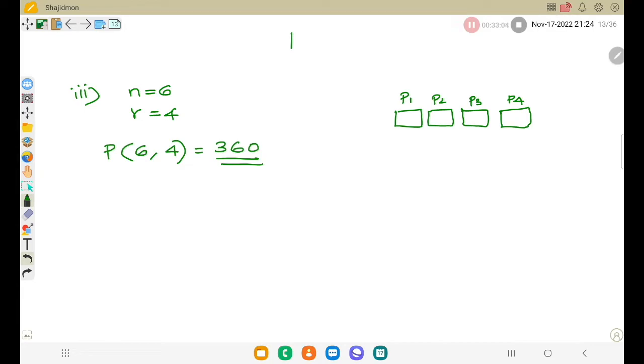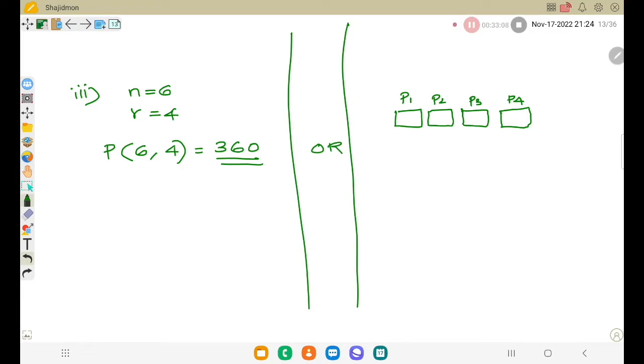Correct? So I hope you understood. Another way we can do the same question: first post, how many possibilities? There are 6 pupils. One of the persons can be appointed there. Now 1 person appointed here means for the second, how many persons are available? 5 possibilities.